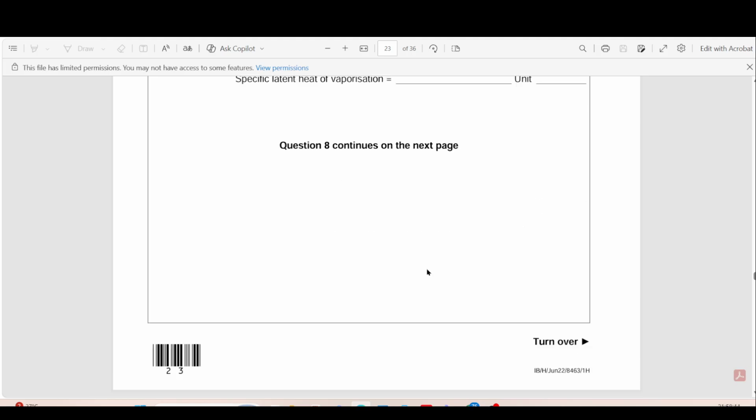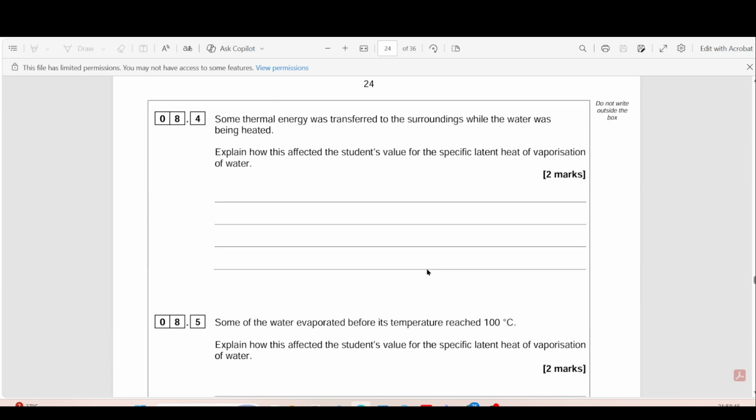Some thermal energy was transferred to the surroundings while the water was being heated. Explain how this affected the student's value for specific latent heat of vaporization of water. It made it less accurate because some was lost to the surroundings.